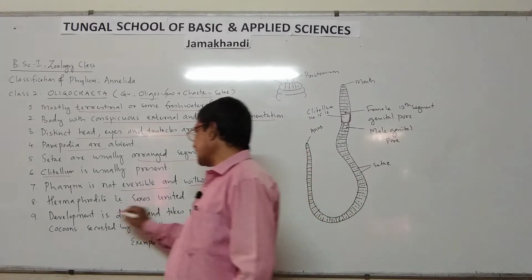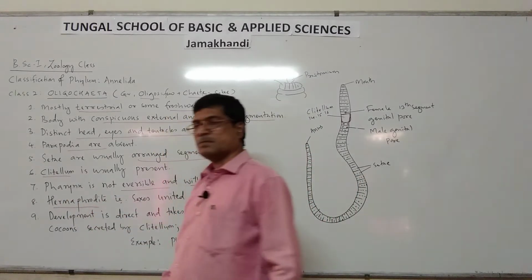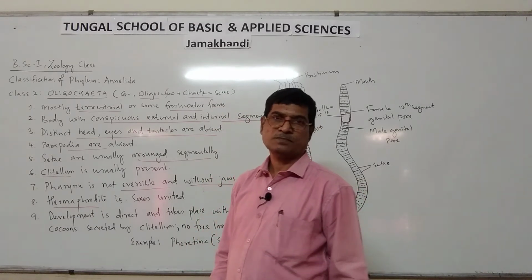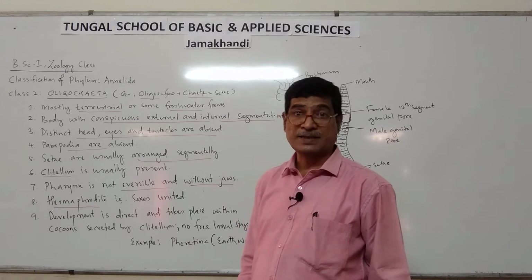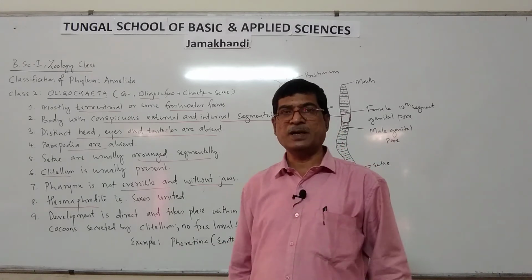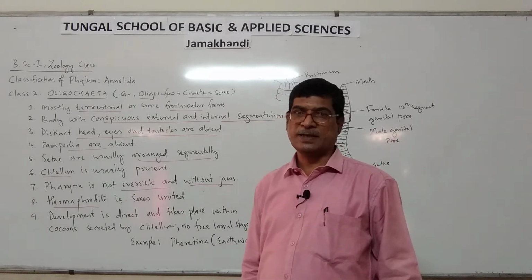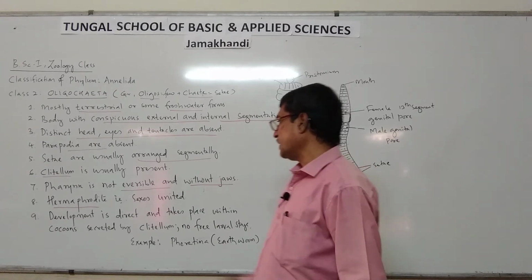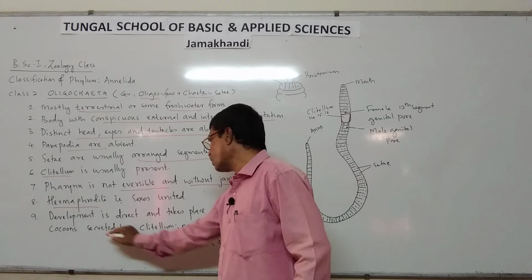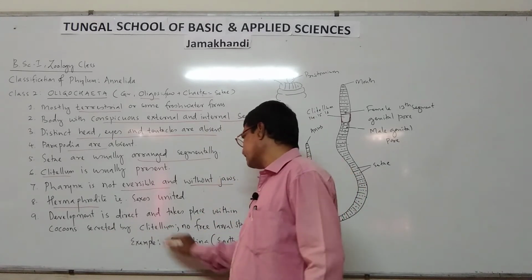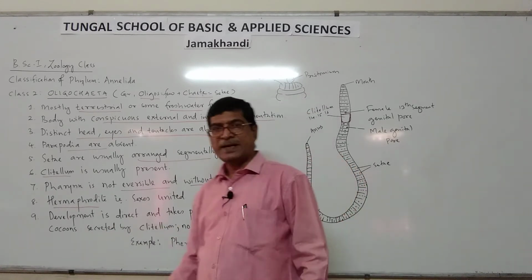Hermaphrodite, that is, sexes are united. These are bisexual. Earthworms are bisexual hermaphrodites. Both male as well as female reproductive structures are present in the same individual. Development is direct and takes place within cocoons secreted by the clitellum.